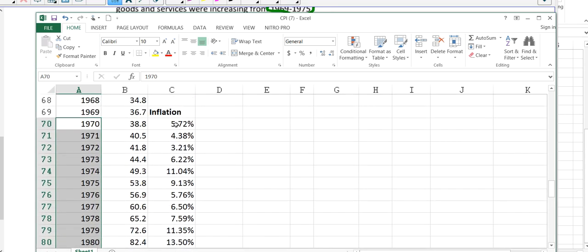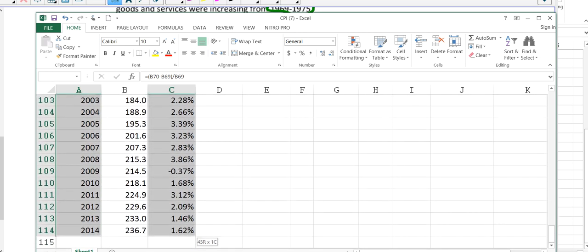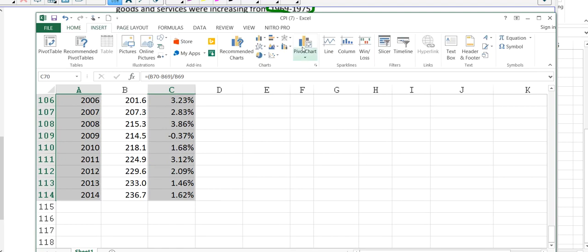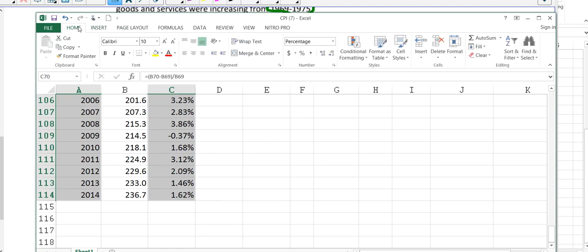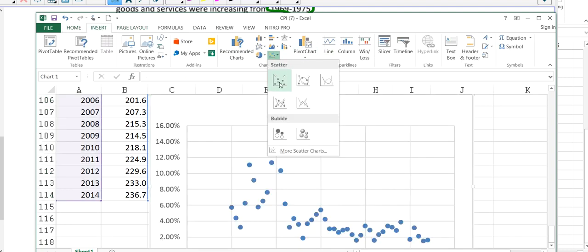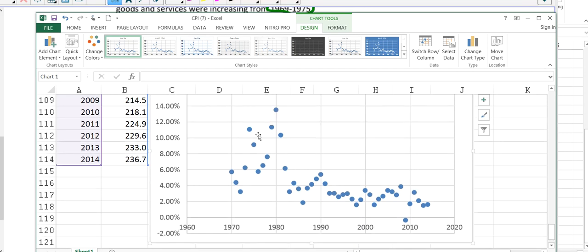Then I can skip over to column C. On my keyboard I hit Control and hold down with my left mouse button and highlight column C, and then I go to my scatter plot. So I'm going Insert and Scatter. The reason I'm going over this is there is a question in your assignment about this. It's a little hard to see visually.